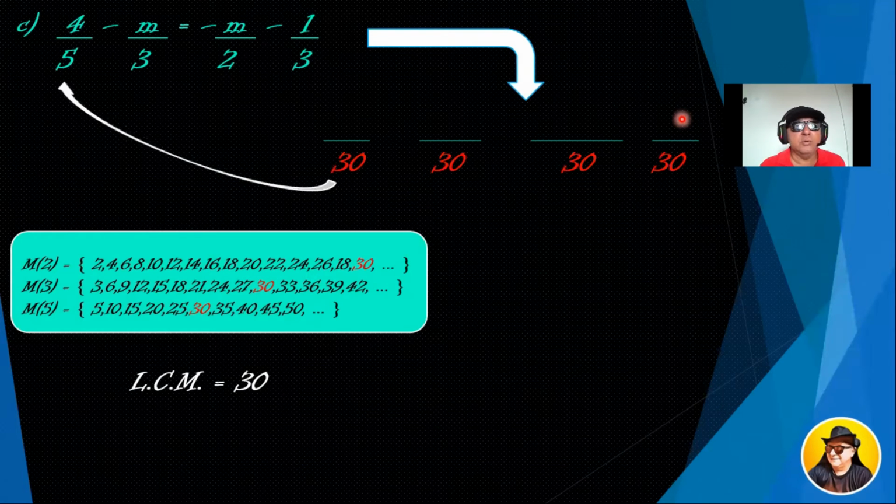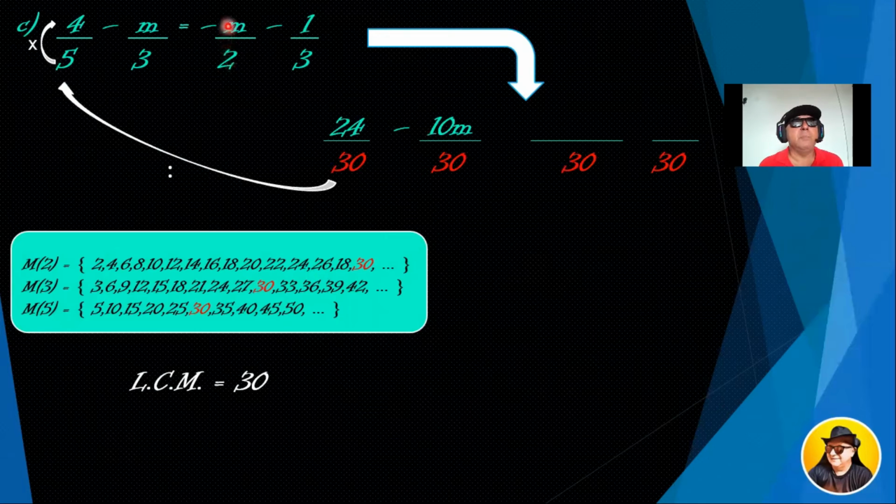First you divide, then you multiply, always like this. So let's do them together. 30 divided by 5 is 6. 6 times 4 is 24. 30 divided by 3 is 10. 10 times minus m is minus 10m. And 30 divided by 2 is 15.